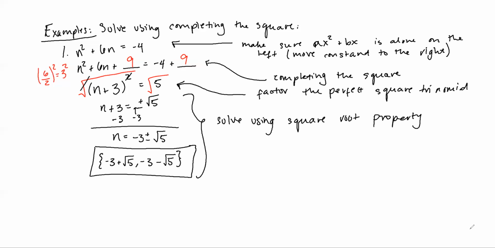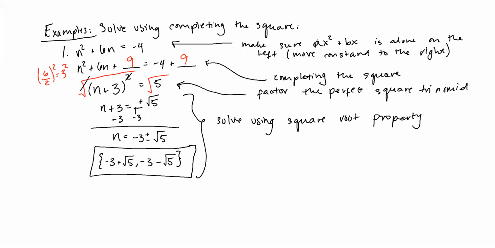All right, let's try another one. Number 2, we're given x squared plus 2x minus 10 equals 0. So remember our first step, if we look back to our last set of instructions here, the kind of steps for solving these, let me add in the step numbers.